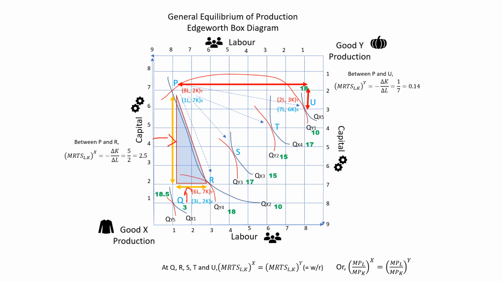So the movement from P to R implies that there is a substantial sacrifice of capital which gets transferred to food, and in return for a very, very small amount of labor that gets transferred from food to clothing. So this is as far as the possibility of moving from point P to point R is concerned.